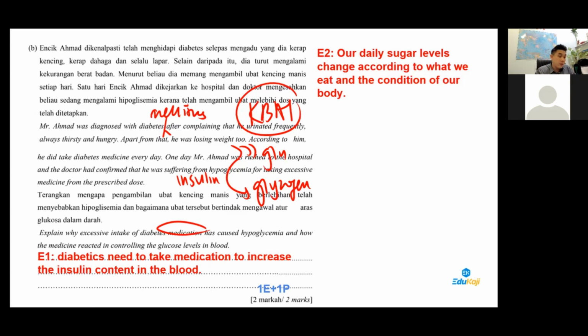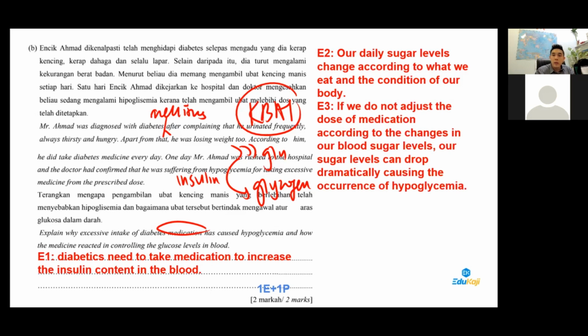This one, I think, is still okay. Now, if we don't adjust the dose of medication according to changes, it means something like this: if you eat more, you have to take a little bit more. You get what I mean?